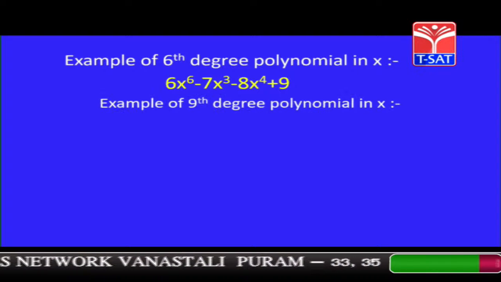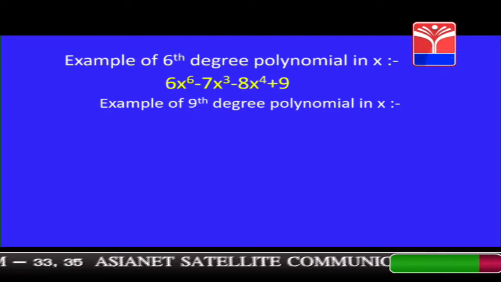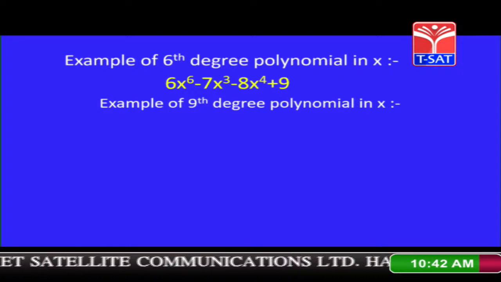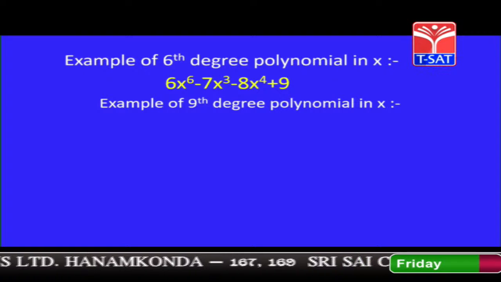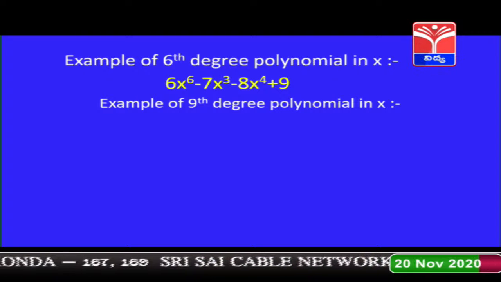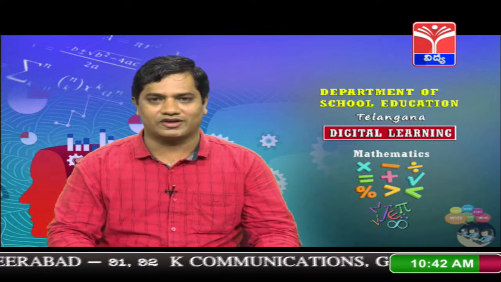Children, try to write a 9th degree polynomial in x. Before I show one example, you try to write examples of 9th degree. You can write one term, you can write two terms, like that. At most, you can write 10 terms in any polynomial.